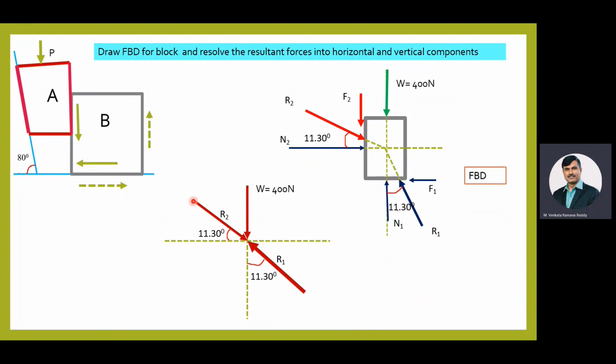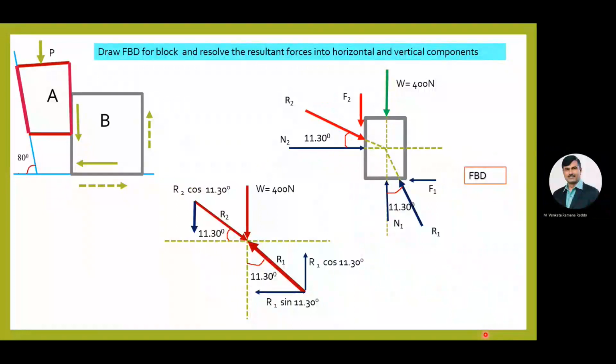Similarly, for R2, the horizontal component value is R2 cos 11.30 degrees and vertical component value is R2 sin 11.30 degrees.